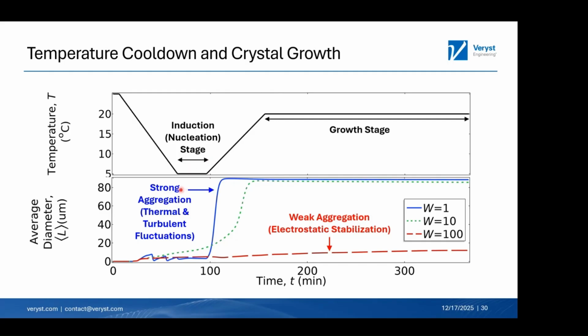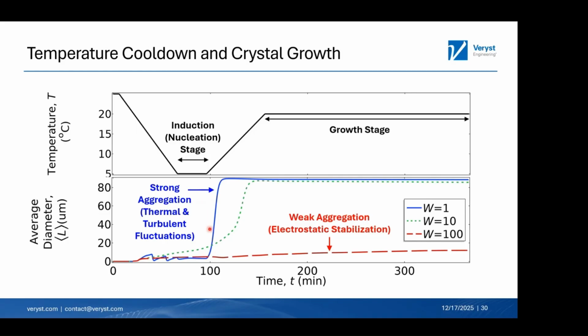Depending on the degree of stabilization amongst the particles determines what size of particles you'll get. So in the case of strong aggregation or stability ratio equal to unity, you have strong thermal fluctuations and turbulent fluctuations that make the probability of particles finding each other much higher, more likely.